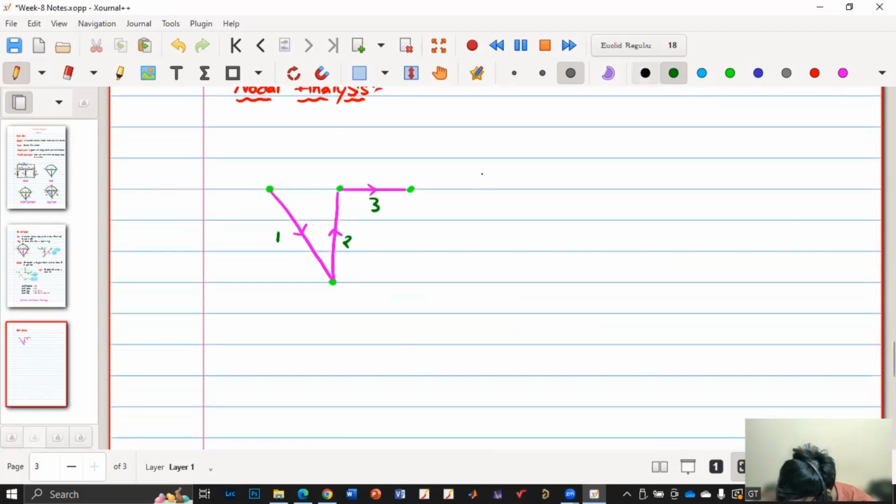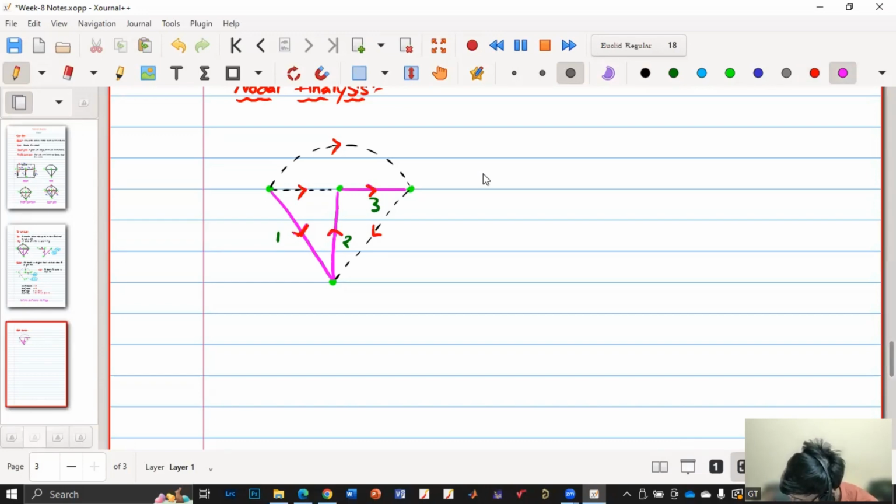We'll represent this in black. This is 4, this is 5, and this is 6. We'll use red color here. So this is 4, this is 5, this is 6.